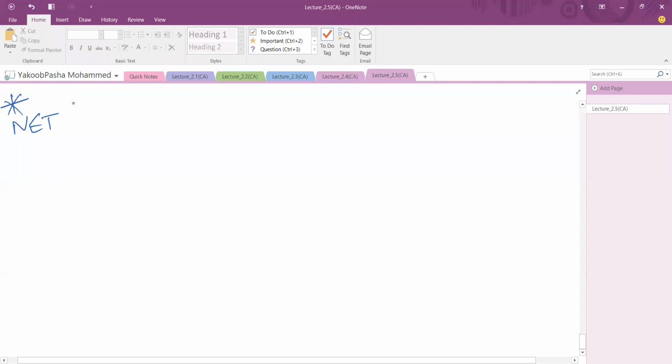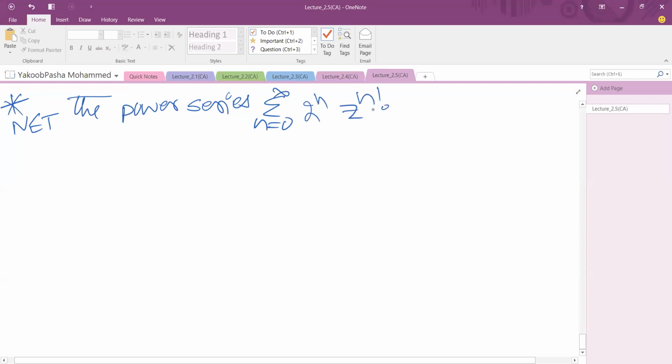The power series summation n equal to 0 to infinity 2 power n into z power n factorial, the radius of convergence is.